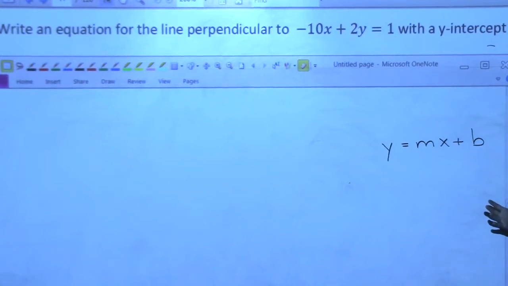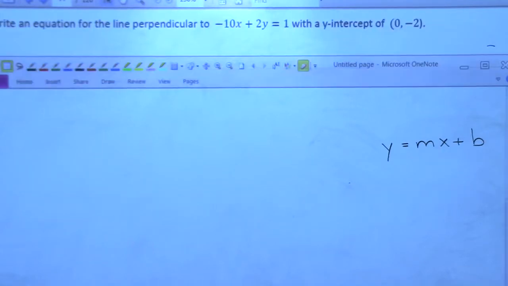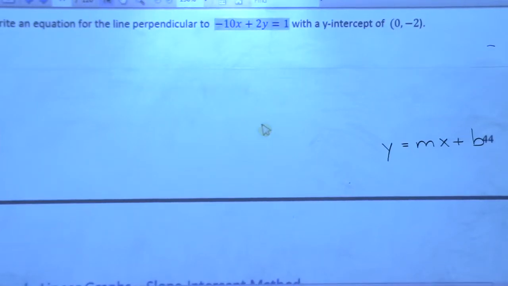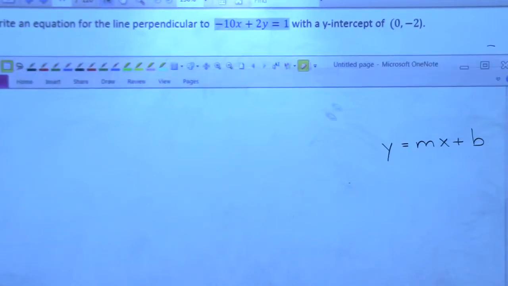But what about the line? We have to be perpendicular, right, to that line. We have to be perpendicular to this line and have a y-intercept of 0, -2. So can you tell me anything about this just right now without doing any work?